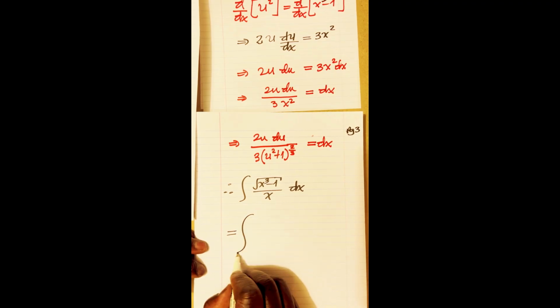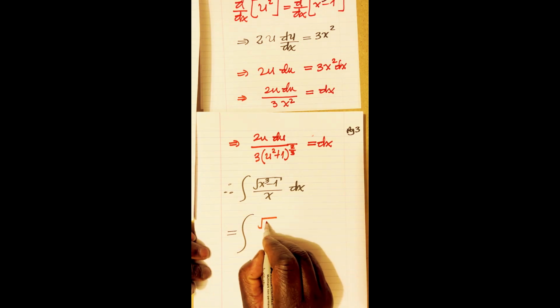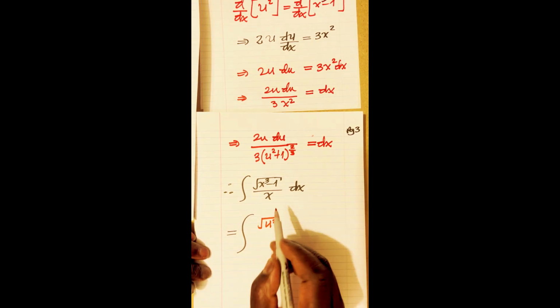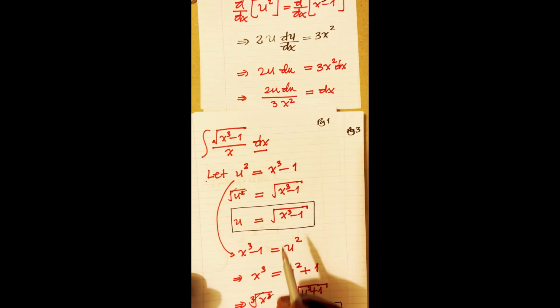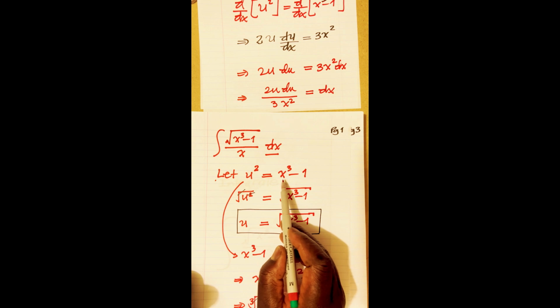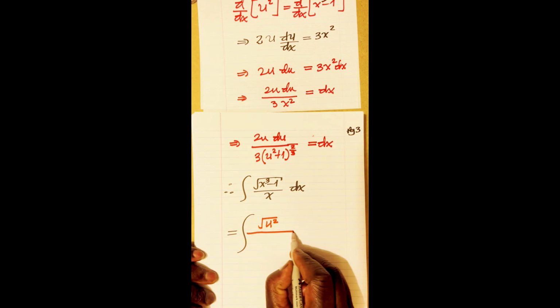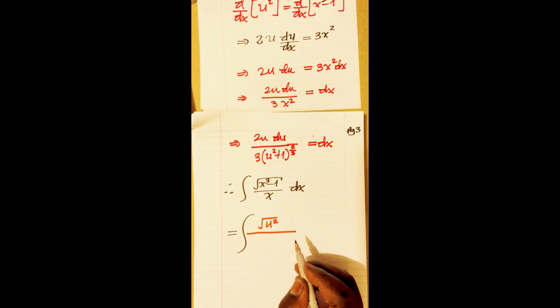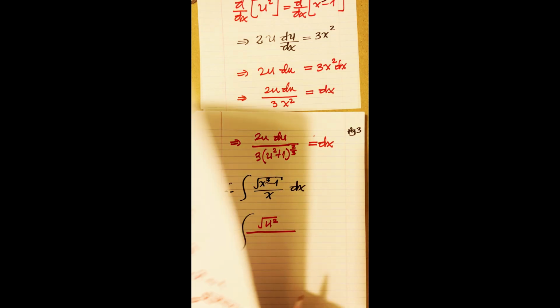It will be the integral of, in the numerator, the square root of u squared. Remember, that expression is u squared, as you can see over here. There's u squared equals x cubed minus 1. All over, in the denominator, we have x. And what is the expression for x?